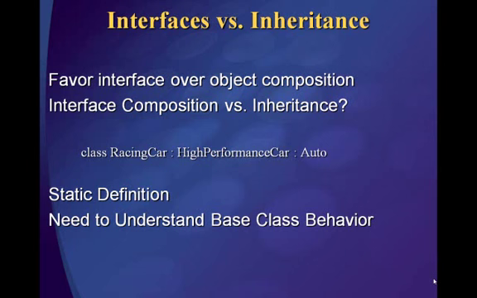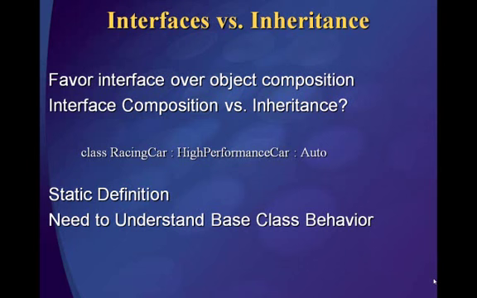The previous auto example demonstrated the advantage of using interface composition over object composition. You might ask, what about inheritance? After all, it's been drummed into us that inheritance is one of the most valuable pieces of object-oriented programming.